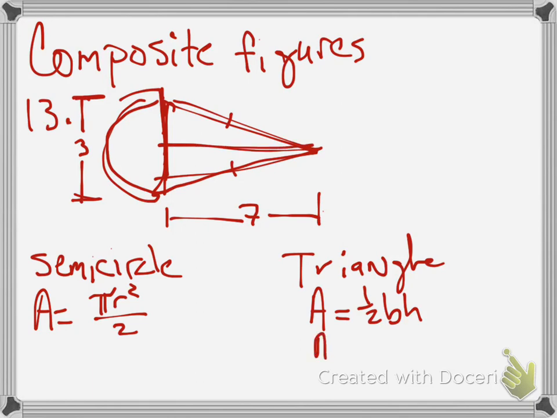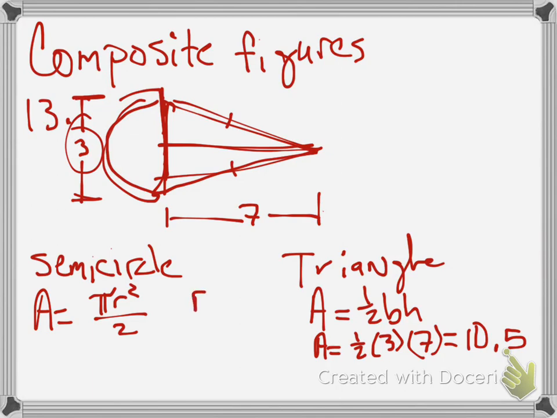So on this one, the area is equal to 1/2 3 times 7, which should get you about 10.5. Okay, here, this again is the diameter. So you would have to divide the 3 by 2 to get the radius is equal to 1.5, and then you could say pi times 1.5 squared divided by 2.